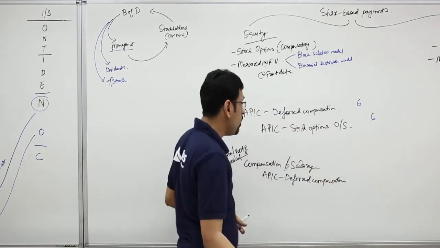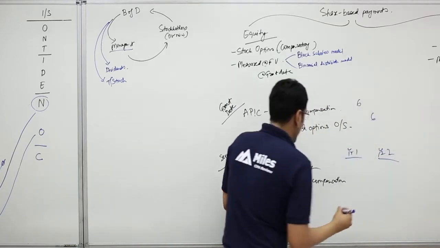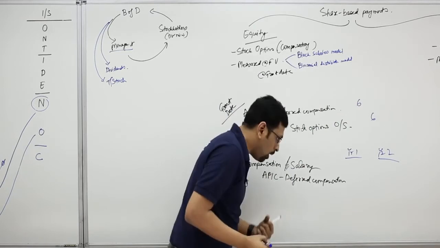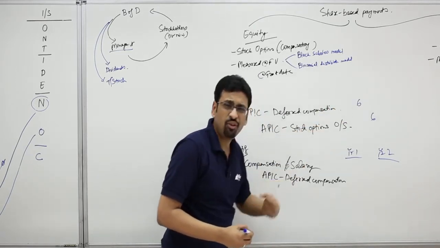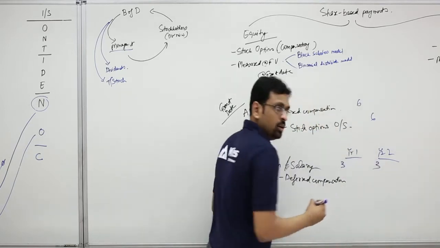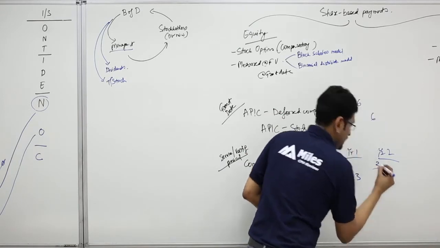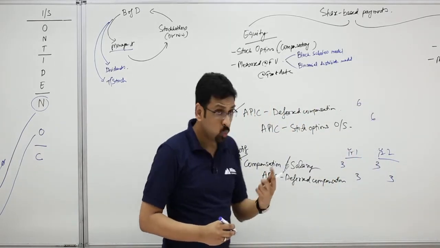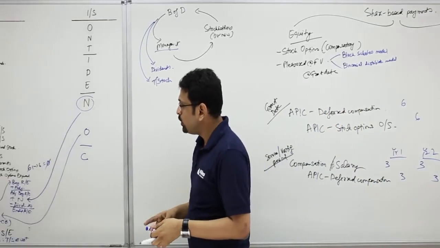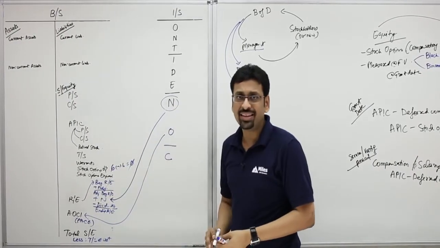So let's say at the end of year 1, it's 2 years of service required. So at the end of year 1, we would say the compensation expense is half of this, because 2 years, 3 million. Next year it's going to be another 3 million. And both the years we're going to reverse this deferred compensation by 3 and 3. So guys, what's happening? Let's look at it. So we had EPIC stock options outstanding, which remains at 6 million.